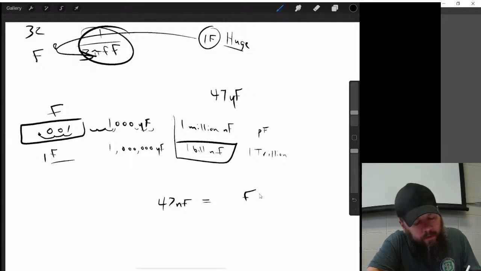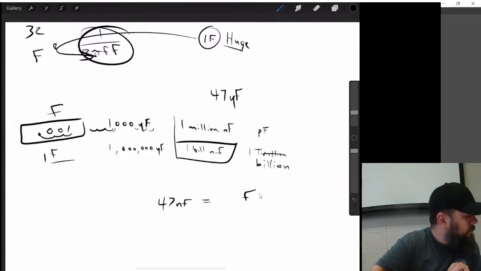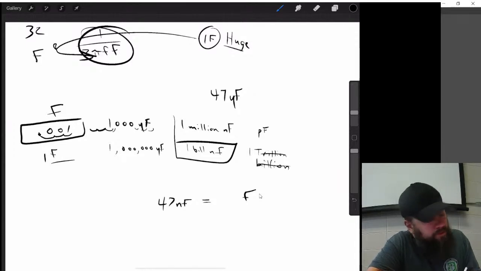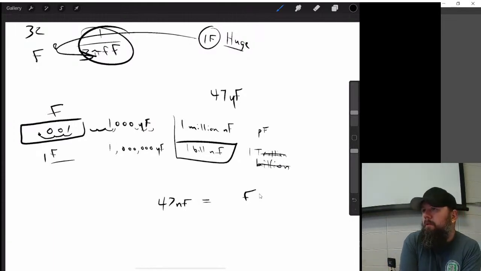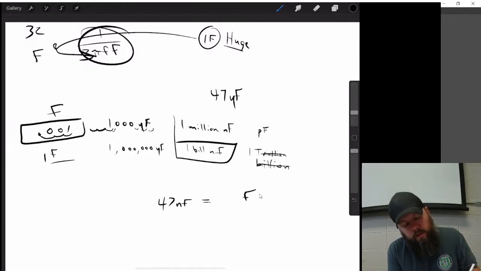I guess pico is 1 billion. They left off nano. No, it is 1 trillion. Sorry, it's still talking about that 0.001. You'll understand when we get in there. It is 1 trillion.